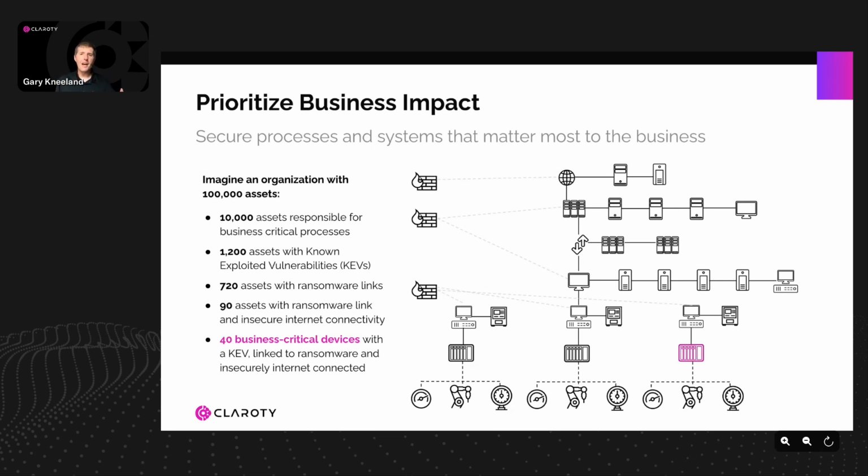So not only am I taking very good action because I'm focusing on these highly critical situations and these highly exposed assets, but I know that the work I'm doing is having the most business impact because I'm focusing on these areas of the plant that have the highest impact to my bottom line. And it allows us to, again, move the needle much, much more dramatically when I'm taking these actions.